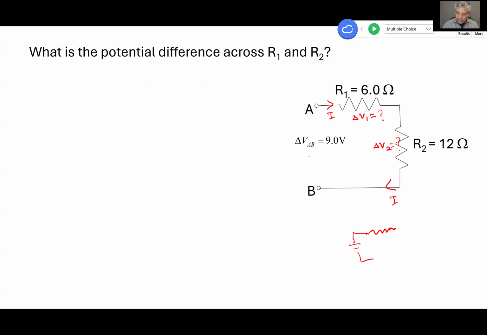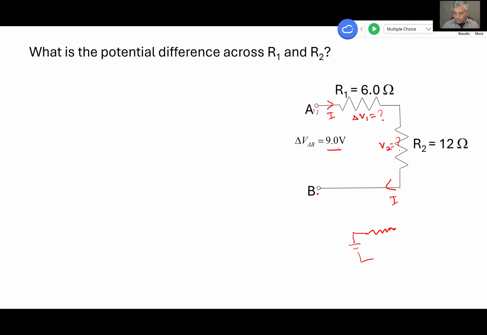Over here, the source voltage is 9 volt. Sometimes we may just show something like this rather than drawing a battery. Potential difference across A and B means it's just like connecting a battery over there.